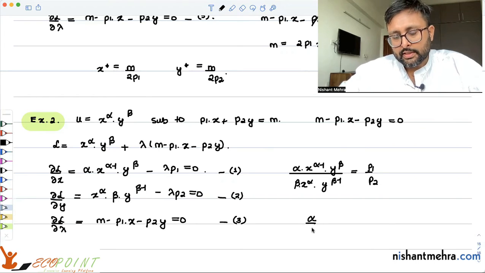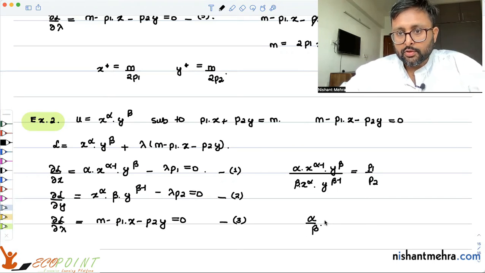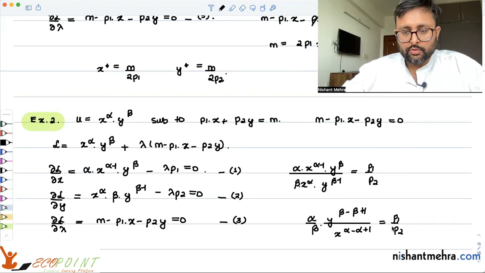So I can write this as alpha upon beta. So this is going to be what? Your Y to the power beta minus 1 minus beta minus 1, so that is minus beta plus 1, whole upon X to the power alpha minus alpha minus 1, so it is minus alpha plus 1 equals to this.